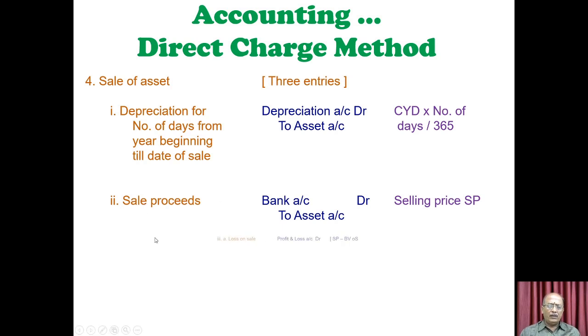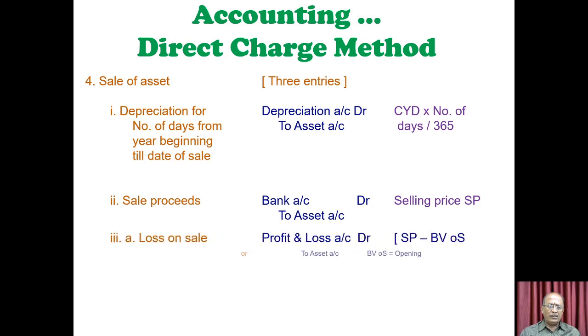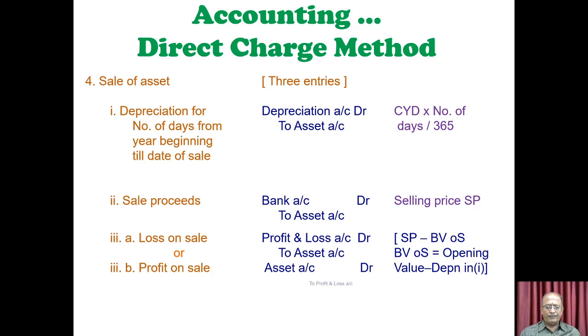Now, third entry is for the loss or profit on sale of asset. This is very, very important. So if it is a loss on sale, that is the sales price minus book value on the sales date. Book value on the sales date is equal to the opening value in the financial year, from which you have to deduct the depreciation in part 1, the first step, that we calculated.